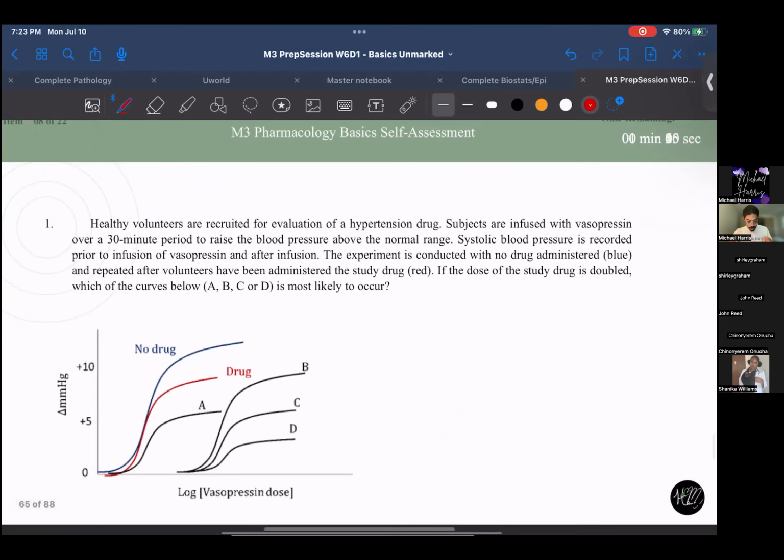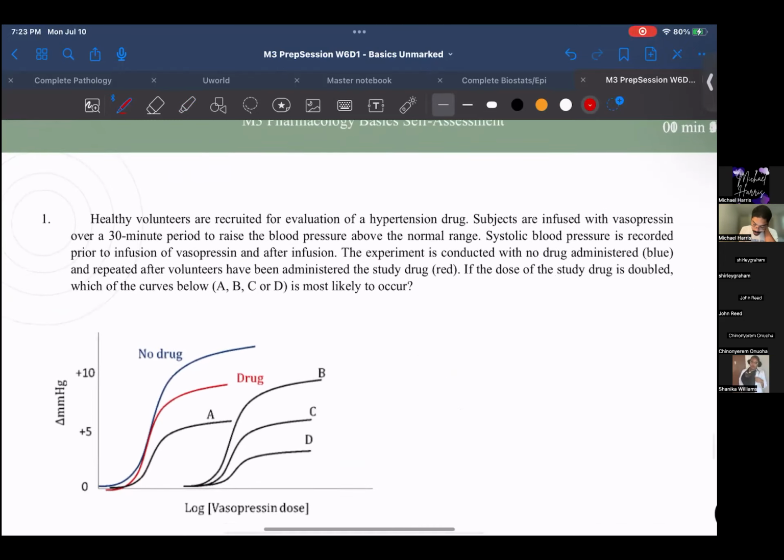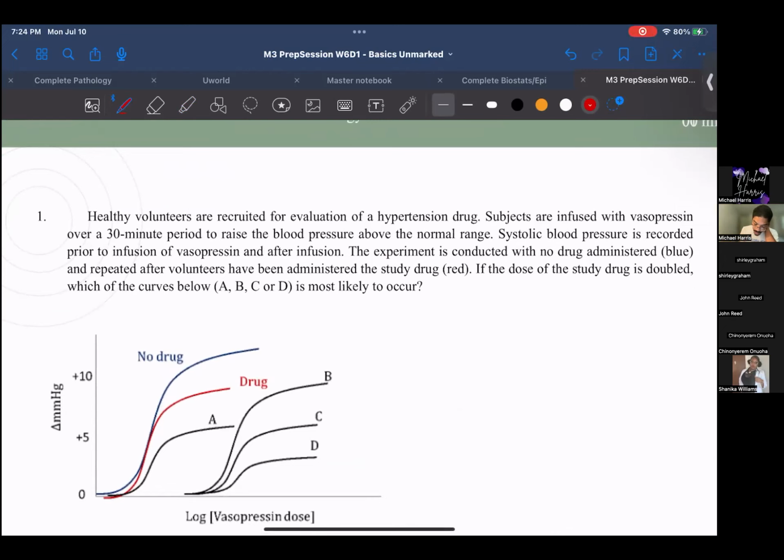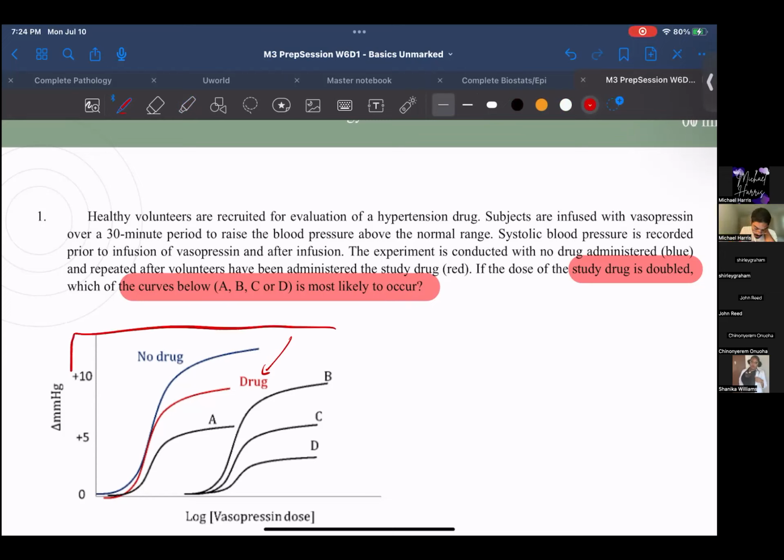Last question. We see here, if the dose of the study drug is doubled, which of the curves below is most likely to occur? So here's the drug, and they doubled it. They want to know which one of these, A, B, C, or D, is most likely to happen.